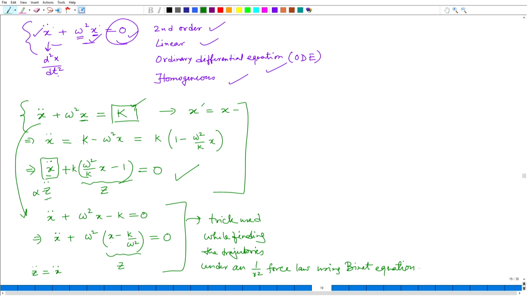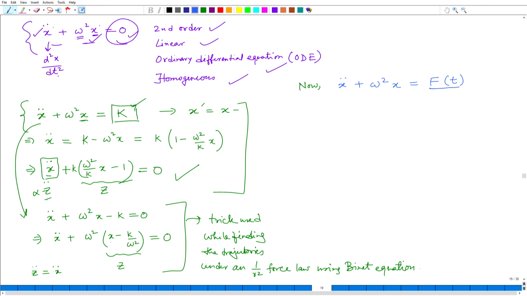Okay. Now, you see that if we do something with a little more modification, let me change the color a little bit: x double dot plus omega square x is equal to a function of t, which is F. If I write this, what happens?